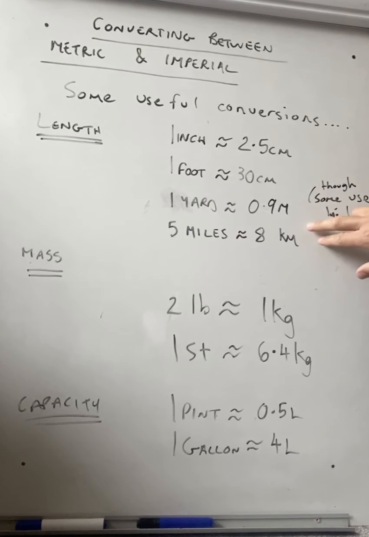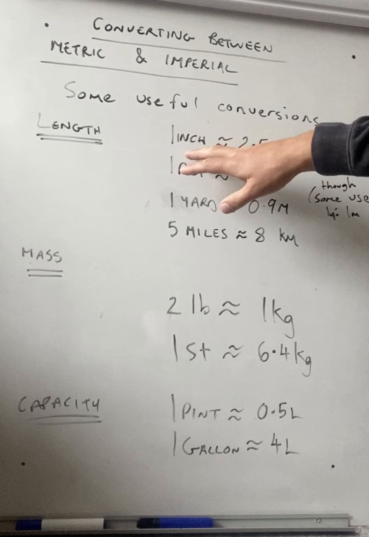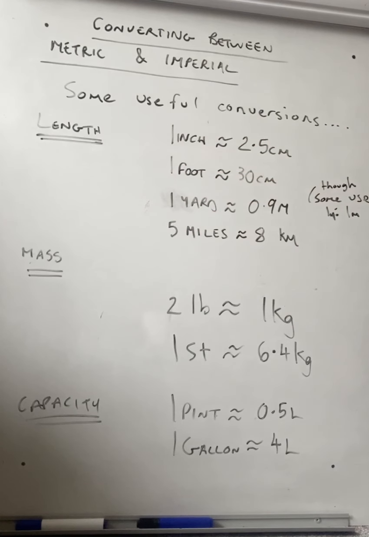Now, this one's different to the first 3, because these are what I would refer to as unit conversions. And unit conversions are really useful because they tell you 1 unit of one measure is approximately equal, or roughly the same as, whatever value it represents.